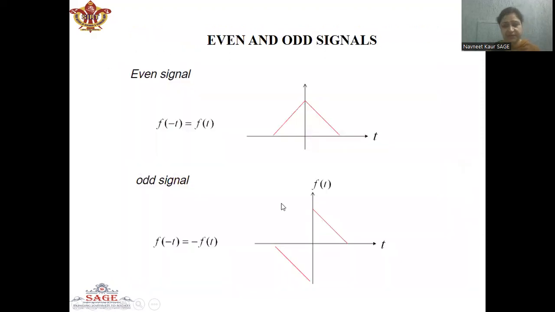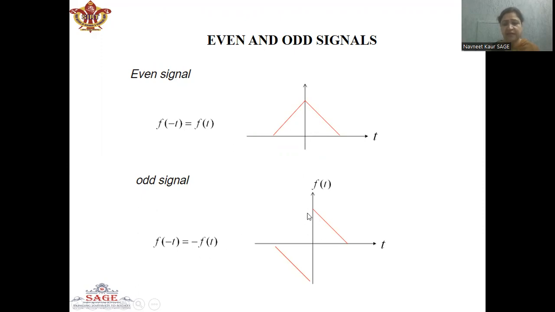Now, coming to even and odd signals. Here we can see that this signal has the property f of minus t is equal to f of t. That means if the signal value on the right-hand side of the y-axis is the same as that on the left-hand side of the y-axis, then the signal is known as an even signal. Whereas here the signal is known as an odd signal, where f of minus t is equal to minus f of t.